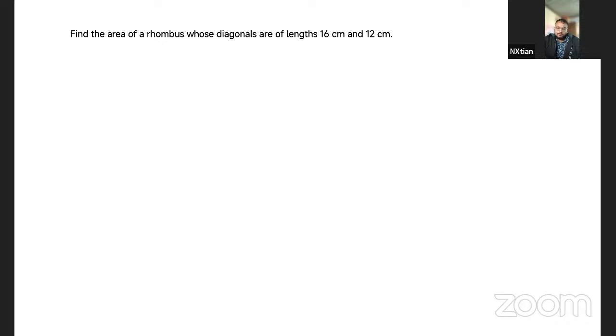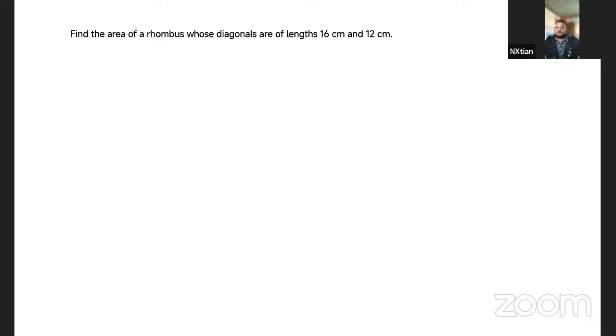Can you solve this? Sir, what's the formula for rhombus area?